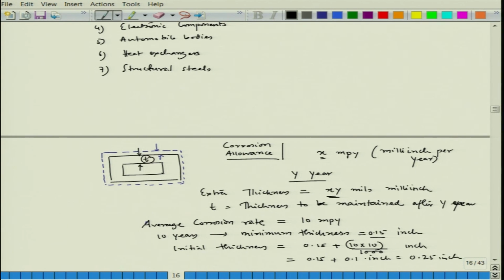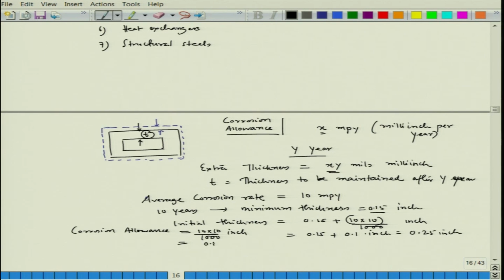Okay. So, this is the way we calculate the allowance, and this is also called the remaining corrosion allowance. The corrosion allowance would be equal to this much.